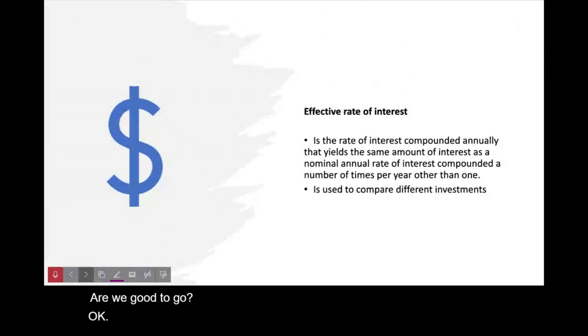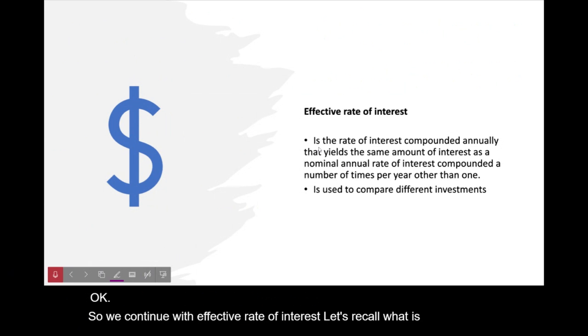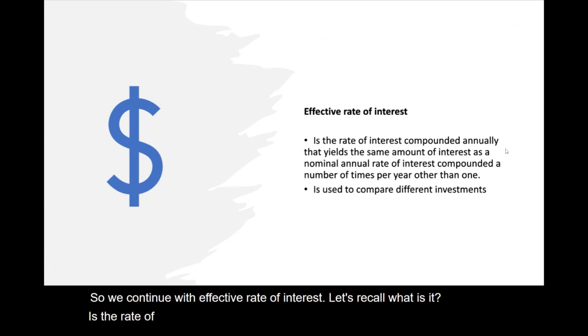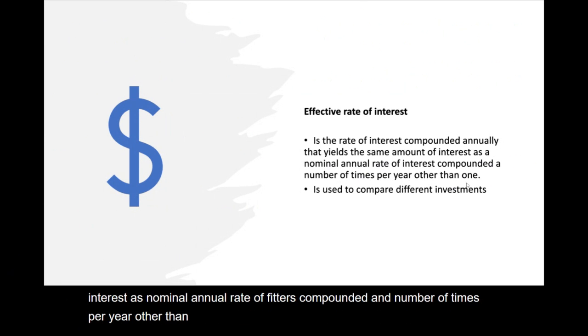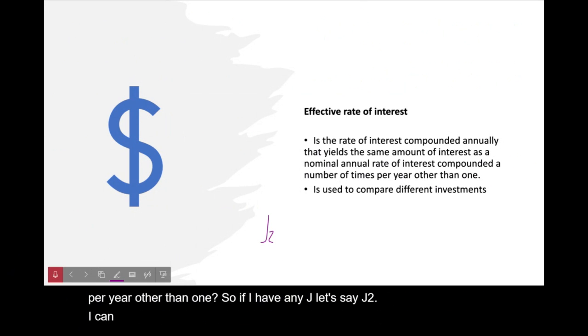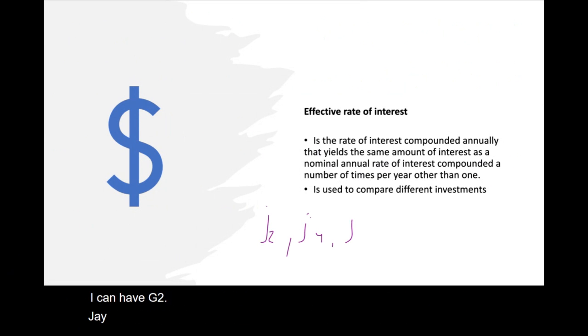Okay, so we continue with the effective rate of interest. Let's recall, what is it? It is the rate of interest compounded annually that yields the same amount of interest as a nominal annual rate of interest compounded a number of times per year other than one. So if I have any J, let's say J2, I can have J2, J4, J12, etc., right?